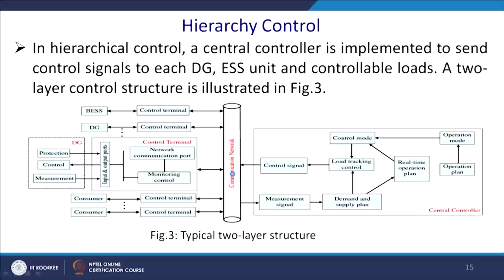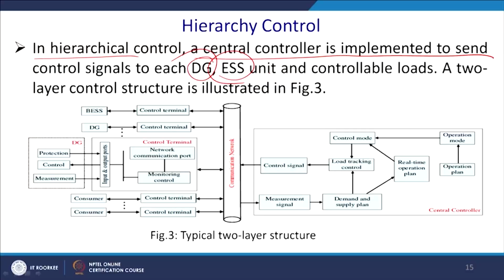Now, let us talk about another method, that is called the hierarchical control. In the hierarchical control, a central controller is implemented to send the control signal to each distributed generator, electronic storage unit and controllable load.